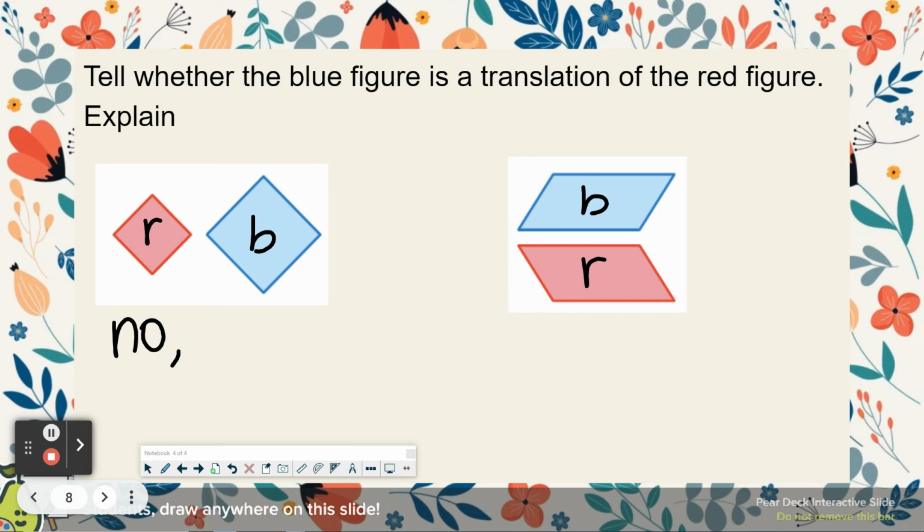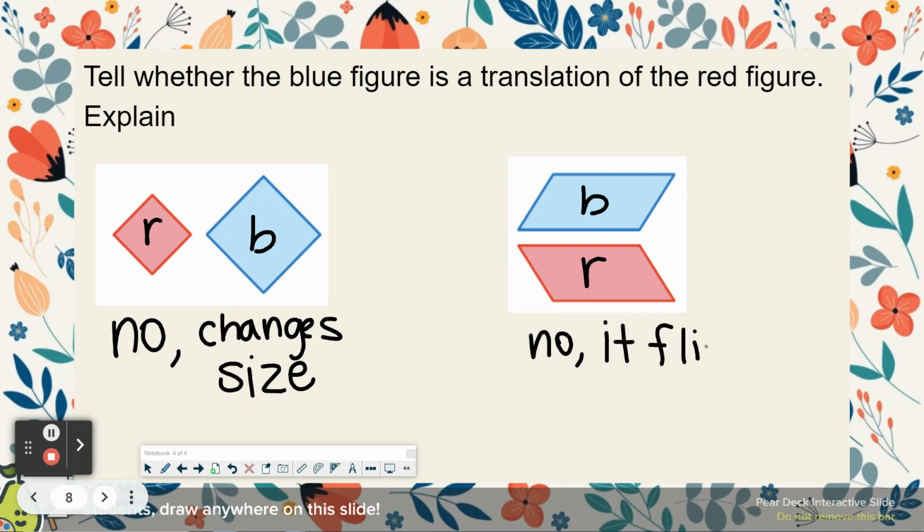And if you remember, so we can just put changes size. This is one of our transformations. It's called dilation. And then from red to blue, no, it flips. Do you remember which one means flips? You should have said reflection.